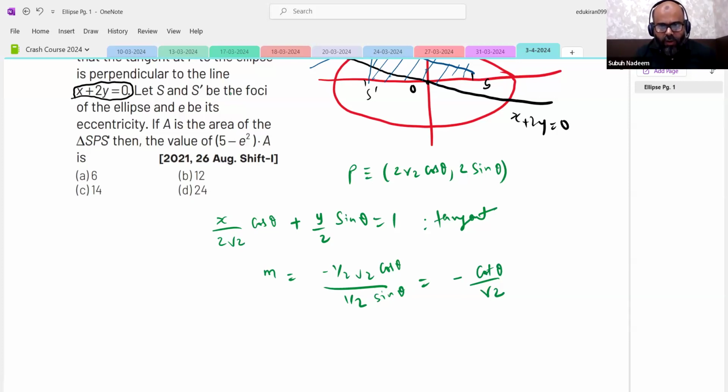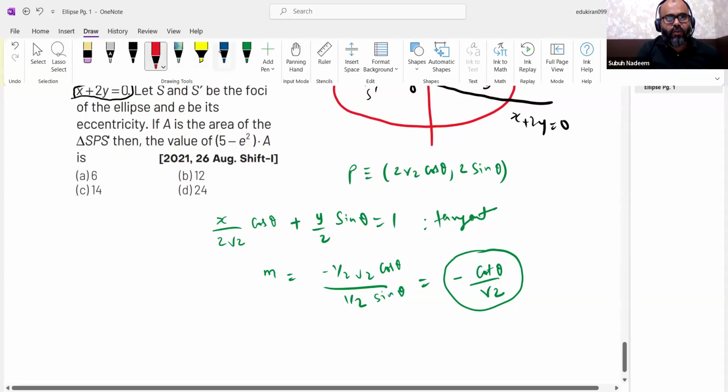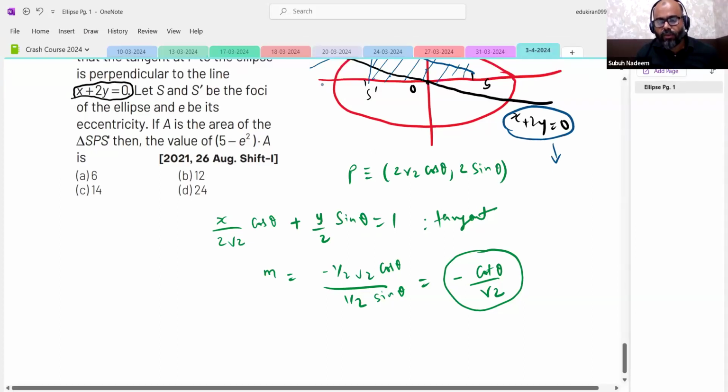Now this is perpendicular to x plus 2y equal to 0. What is the slope of x plus 2y equal to 0? This slope m dash is minus half.